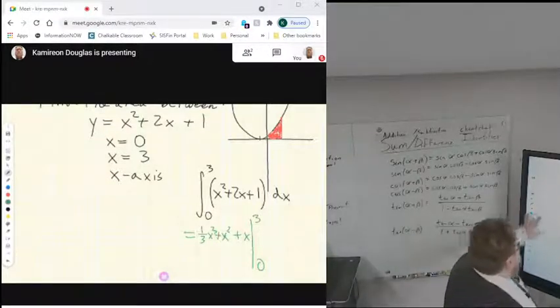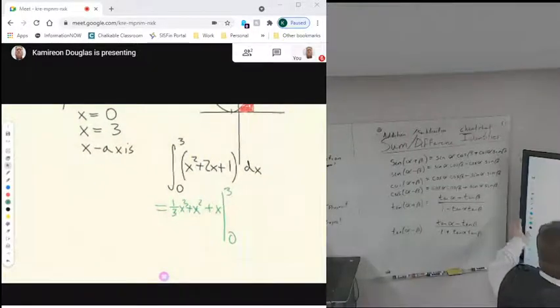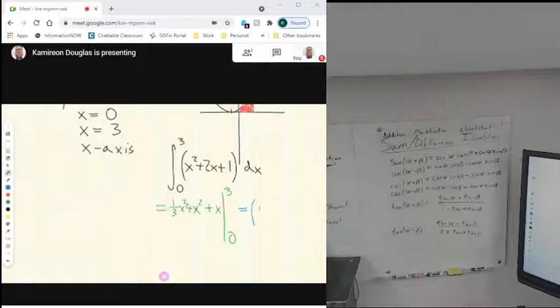So what I do is I take these two boundaries, 3 and 0, and I plug each one of them in. So I plug in 3: 1/3 times 3 cubed plus 3 squared plus 3, minus 1/3 times 0 cubed plus 0 squared plus 0.